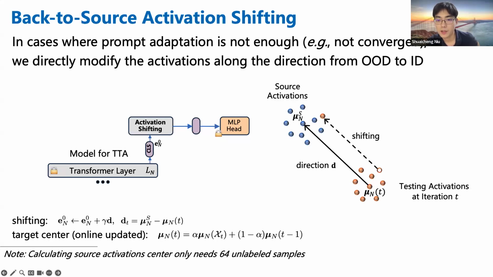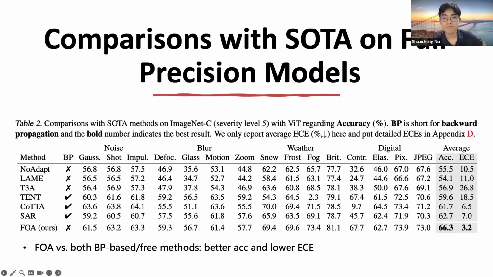This moves the activation center of the test data closer to in distribution for better domain alignment. Where the source center is the same as the mean vector that we pre-calculated on the source samples for the fitness function calculation, and the target center is online adapted on target samples using an exponential moving average strategy.